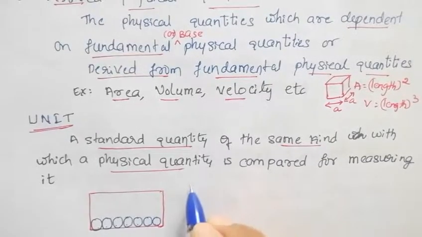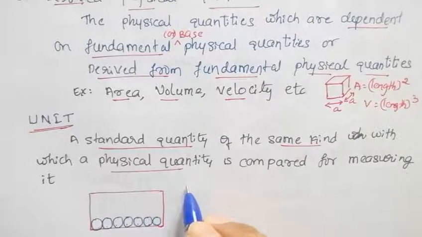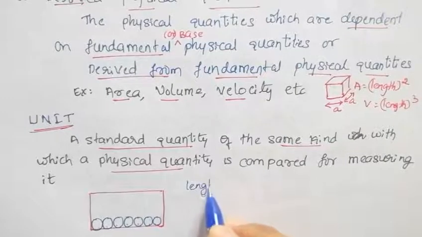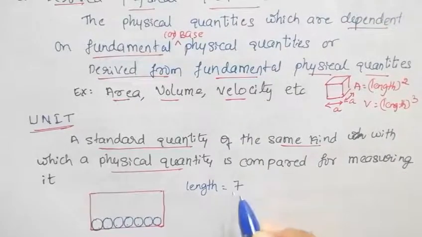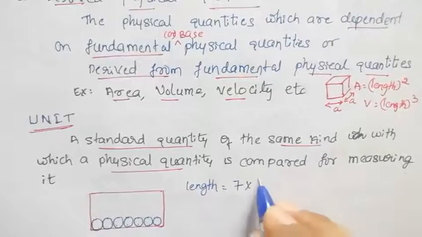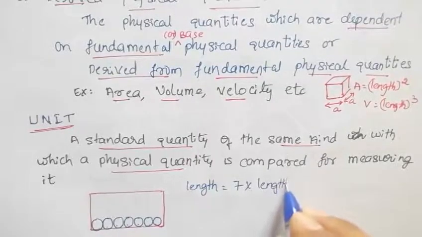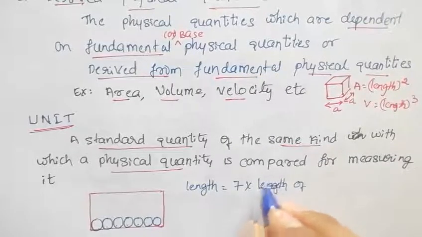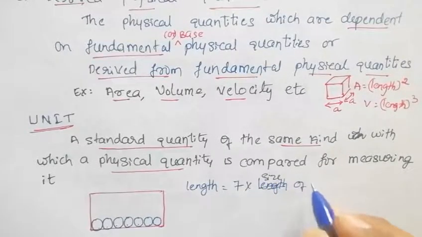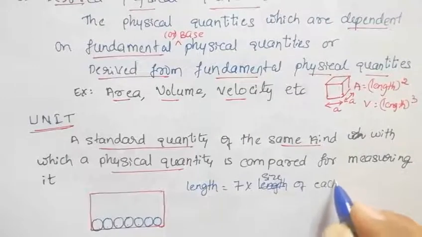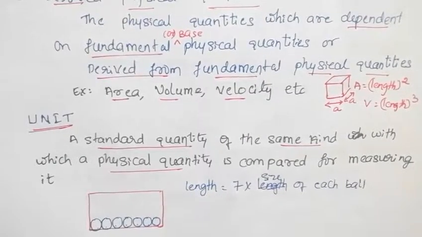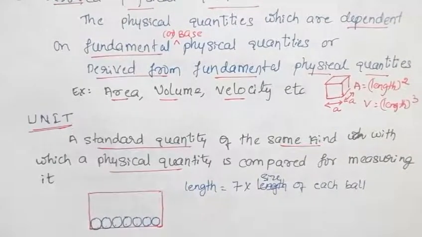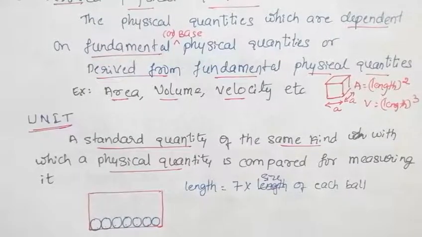Total length, I can say, length is equal to 7 times the size of each ball. Yes or no? So 7 times the size of each ball gives us the total length of the notice board.